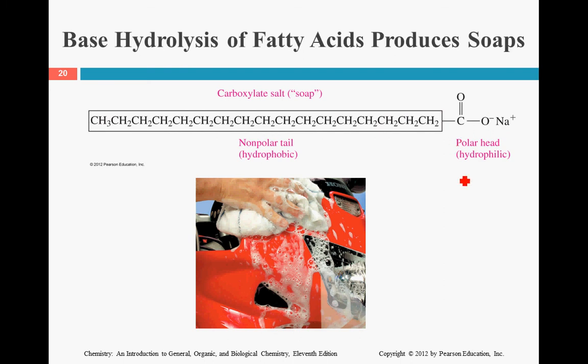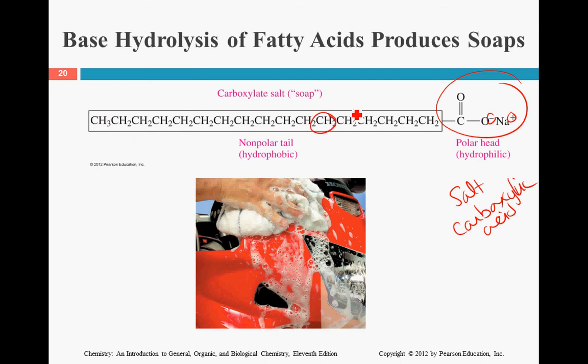This right here is the salt of a carboxylic acid, because of this negative and positive. And how soaps actually work.